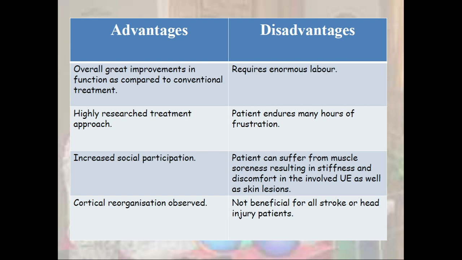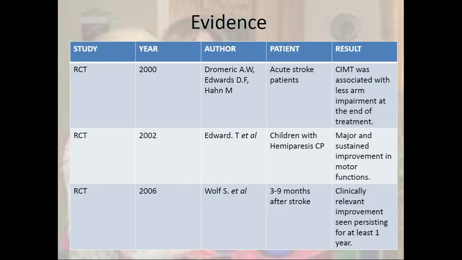The next advantage is cortical reorganization, which we observed in the previous slides, but the disadvantage is that it is not beneficial for stroke or other patients who have severe impairments. So there are some advantages and some disadvantages, and based on that, they found the outcome and the modified CMT protocol.